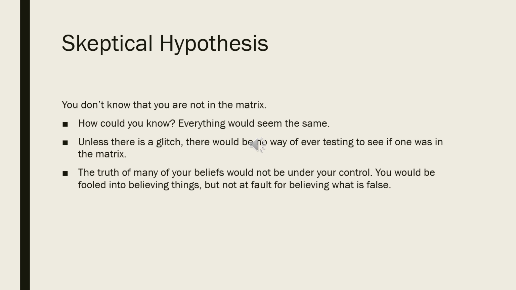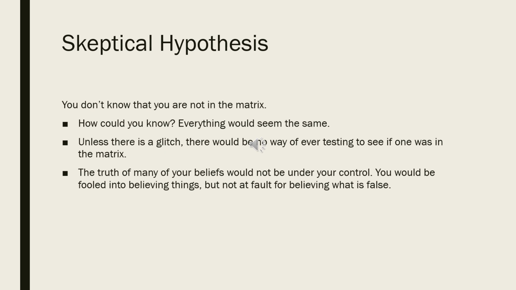How could you know? Everything that you're seeing, down to the minute details on your computer screen right now, would be exactly the same. Unless there was some sort of glitch, there would be no way of ever testing whether or not you were in the Matrix.